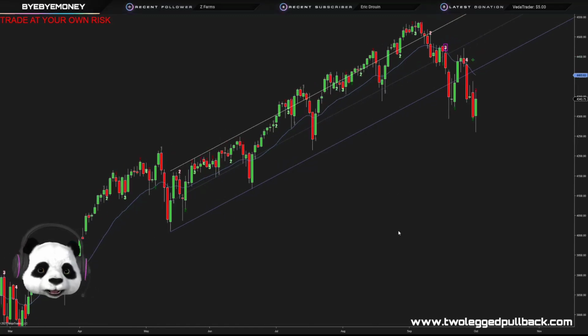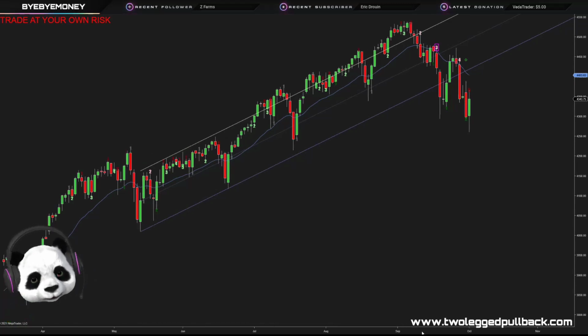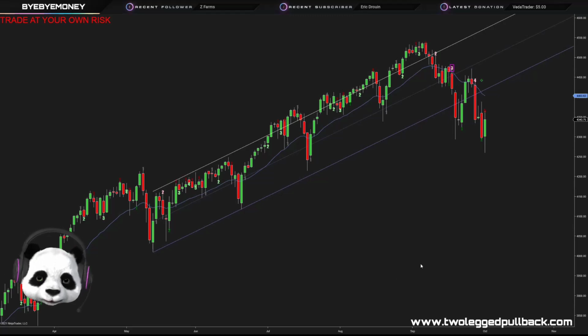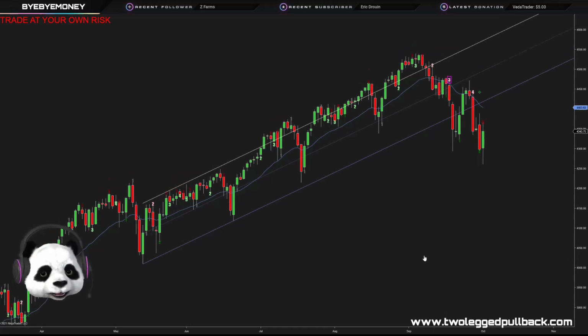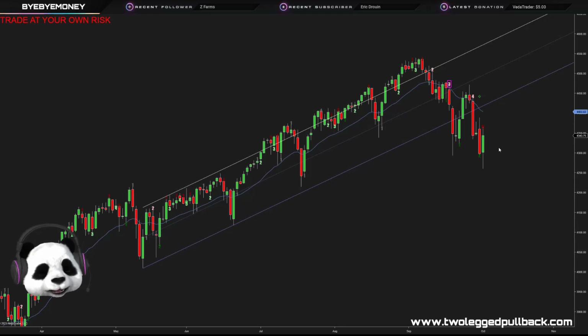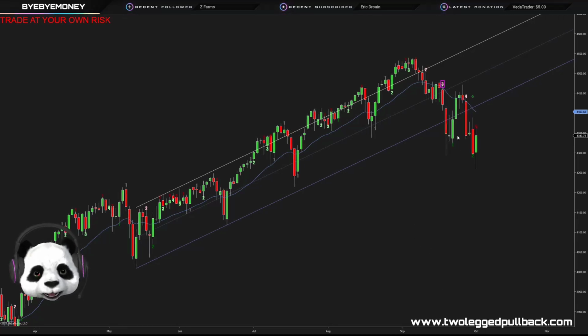Now, if I told you that this was a 5-minute chart, a 2,000 tick chart, or a 10,000 tick chart, you would have no idea just by looking at the chart itself. This is the daily chart. The thing about price action is that it works on every single chart. It works for any time frame, any tick frame, whatever you want to use, because it's based on price action.